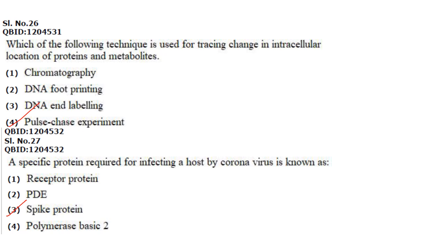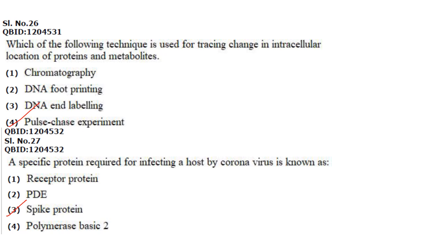DNA end labeling, it is useful for visualizing small amount of DNA. And pulse chase experiment, it is commonly used technique for studying the synthesis, processing and transport of protein. So for tracing change in intracellular location of proteins and metabolites, you can use pulse chase experiment out of the given options.